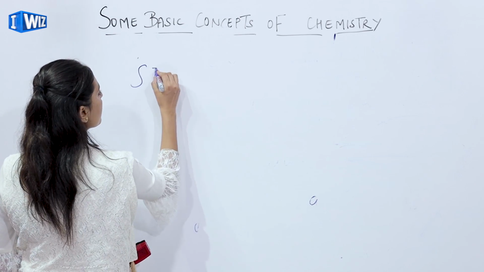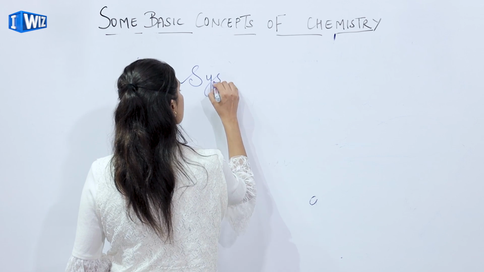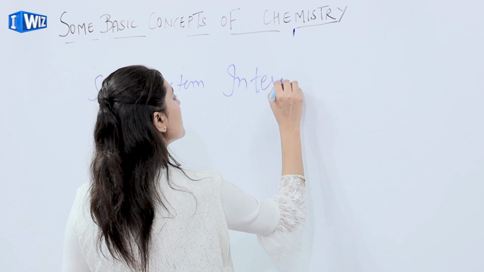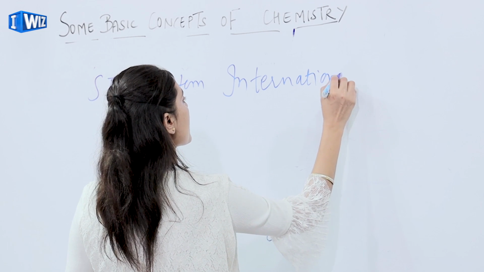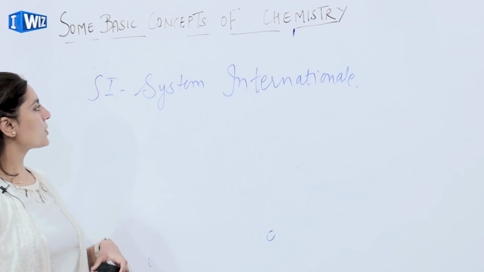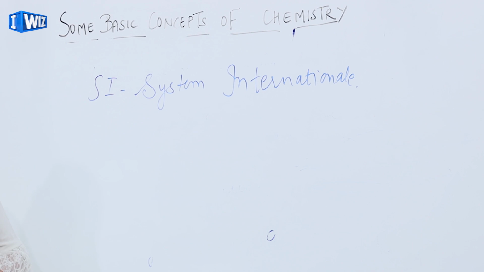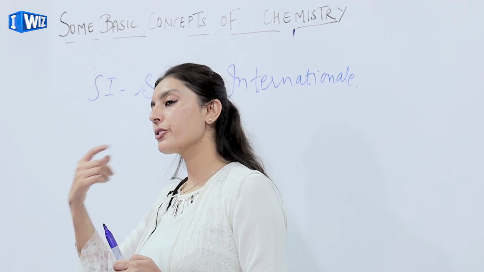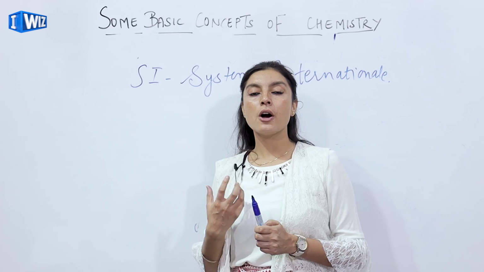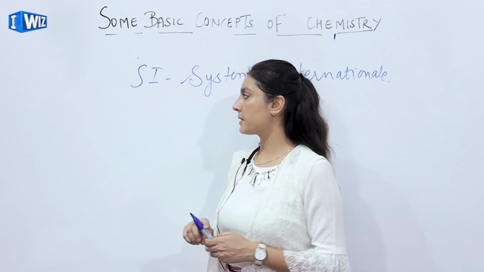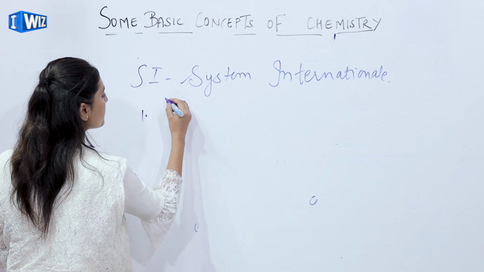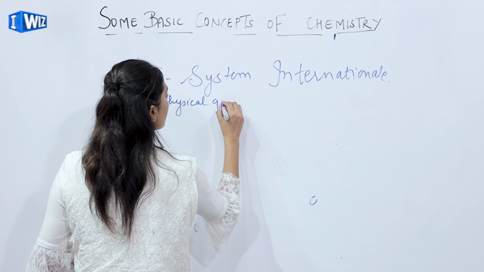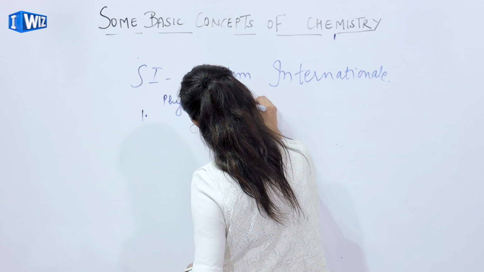So the SI system gives us the 7 basic or fundamental units, which can be further used to find the different derived units. First of all, I will mention the physical quantity and then their units.